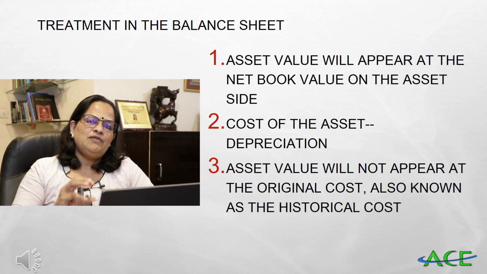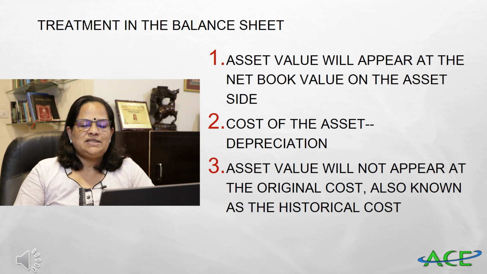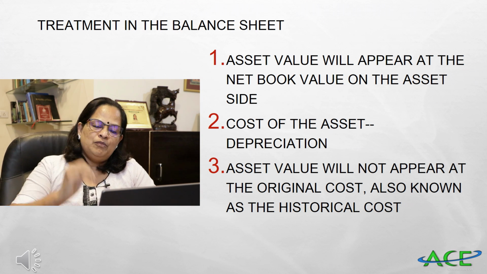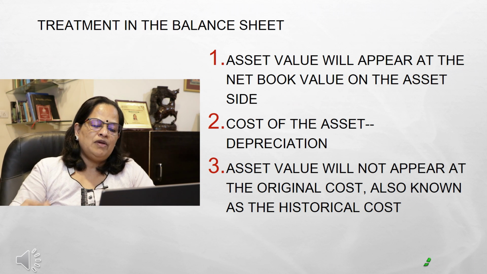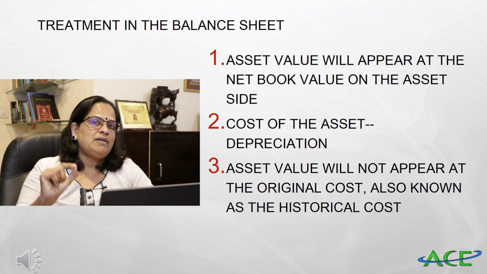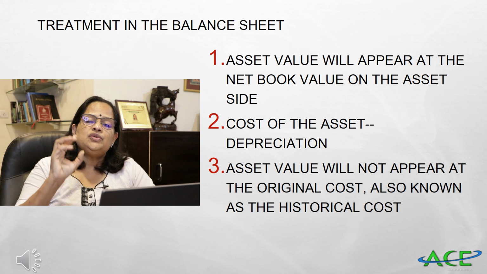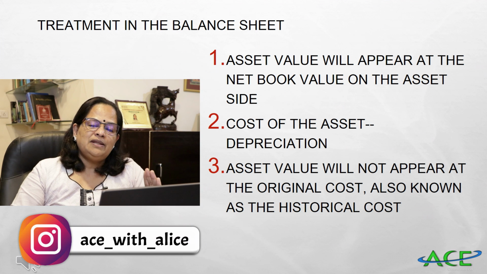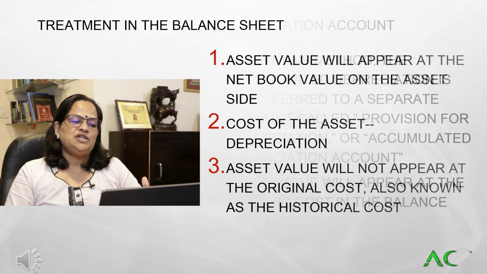Now how will this asset value appear in the balance sheet? Already I have mentioned that the asset value will appear at the net book value of the asset. Net book value means cost of the asset minus depreciation, or you can say it's the written down value. So the asset value will not appear at the original cost, also known as historical cost. It will appear at the written down value, calculated as cost of the asset minus depreciation.